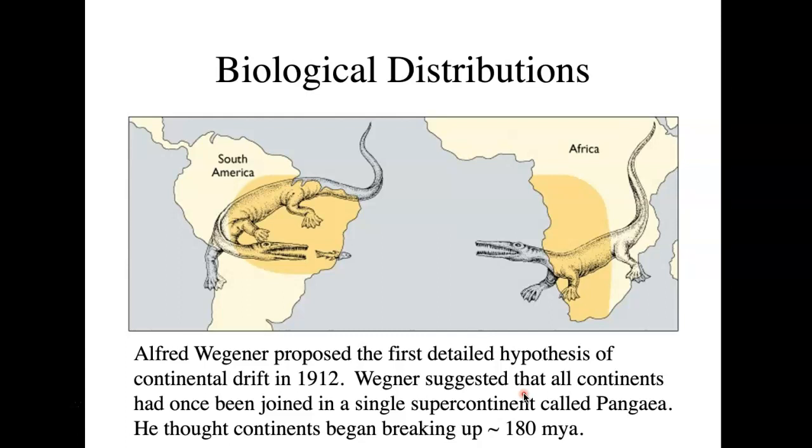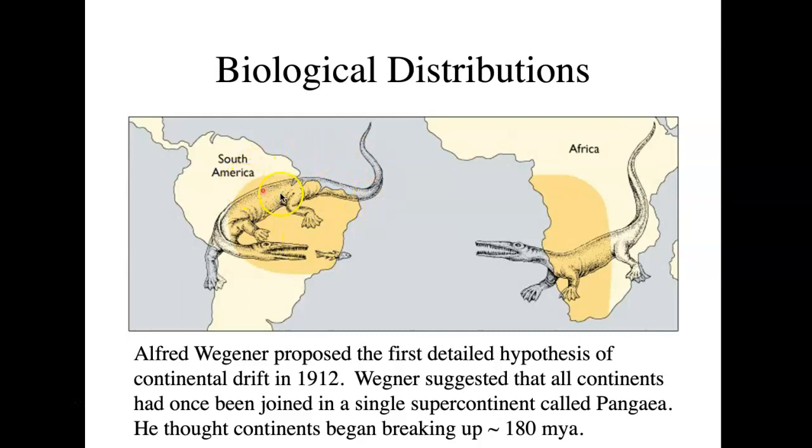What we found is that there were fossils found only in areas that would indicate that these continents at one point in time were together, because we would find certain fossils. This example is a mosasaurus, a certain type of mosasaurus.